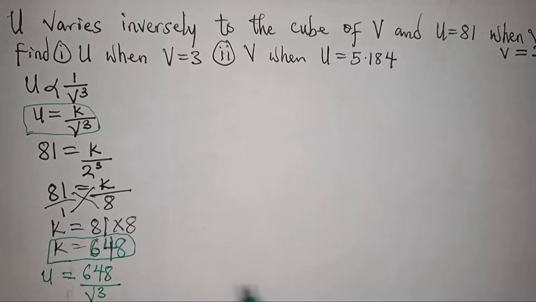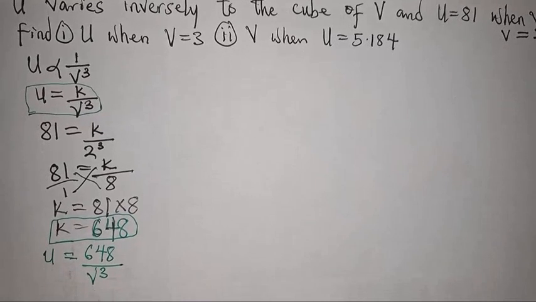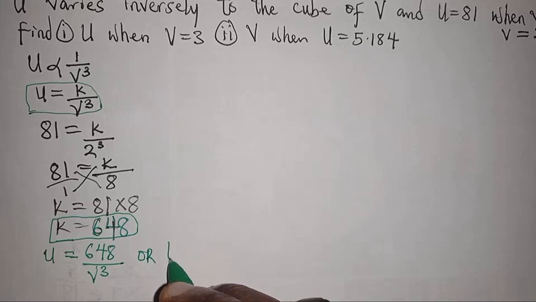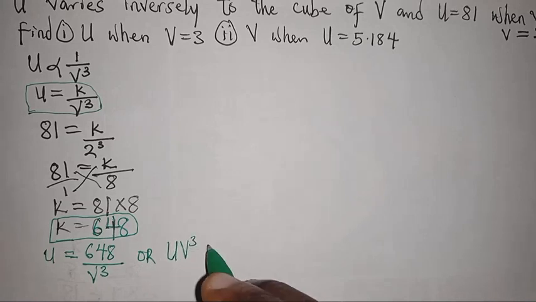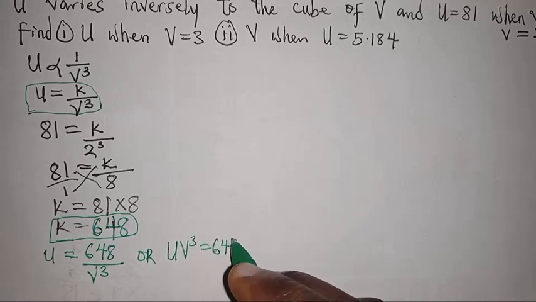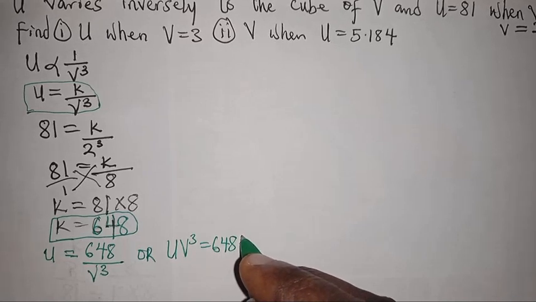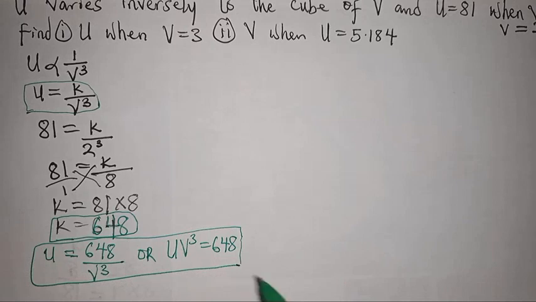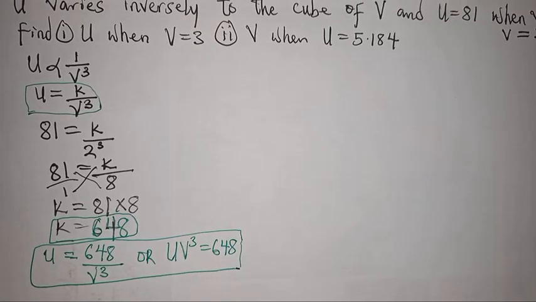This is our relationship, or we simply write uv cubed equals 648. So this in all can be called the relationship between u and v cubed.